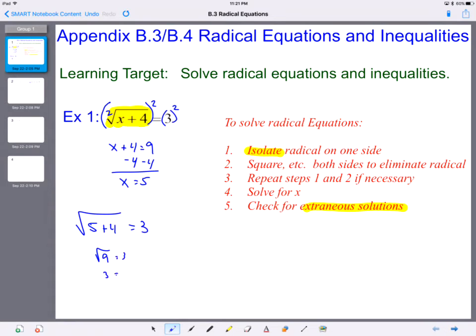So you can see that x equals 5 is our solution. And there you go. So we only have one solution to this equation. So that's the general idea on how to solve. Let's look at a couple more here.